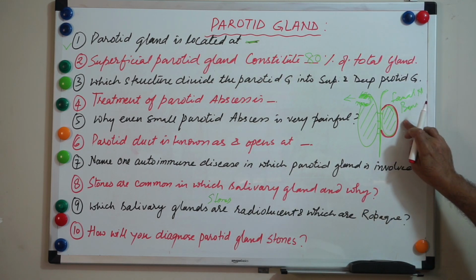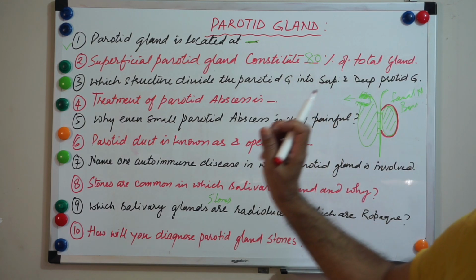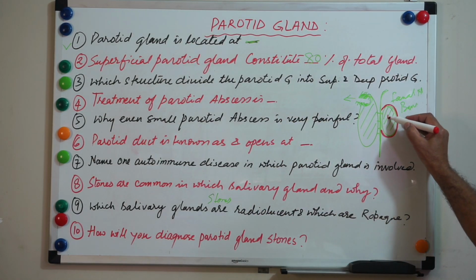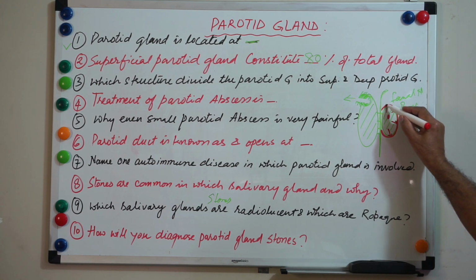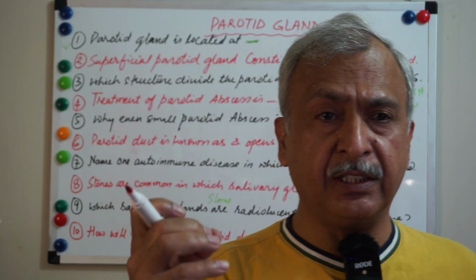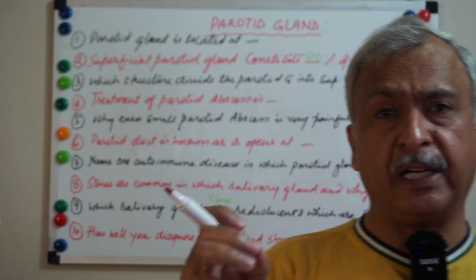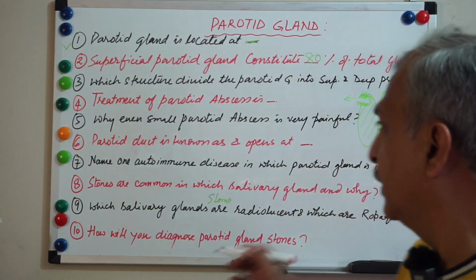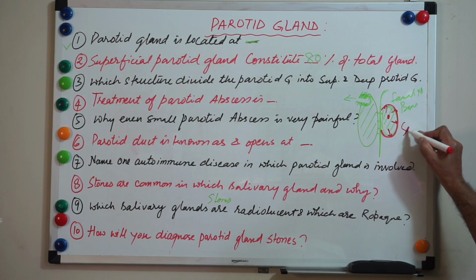This fascia is very tough and non-elastic. With a slight increase in the tension, it puts a lot of pressure over the fascia. So even a slight increase in the volume of the parotid gland because of the formation of an abscess puts a lot of pressure on the fascia and causes severe pain.